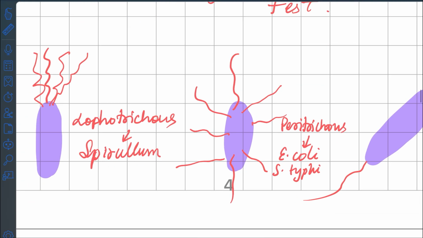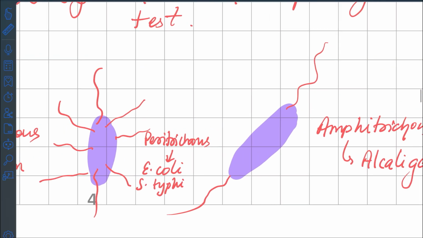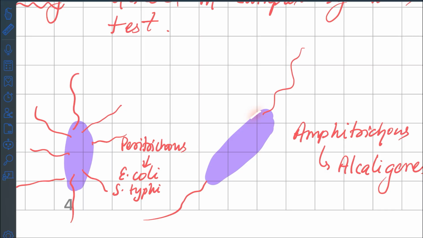The third arrangement is bacteria with flagella all over the surface of the bacteria. Can you see it? This kind of arrangement is known as peritrichous, seen in E. coli and S. typhi. The fourth and the last arrangement is amphitrichous, where amphi means two.